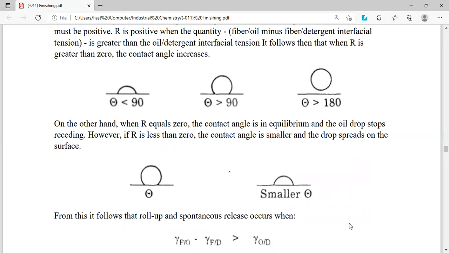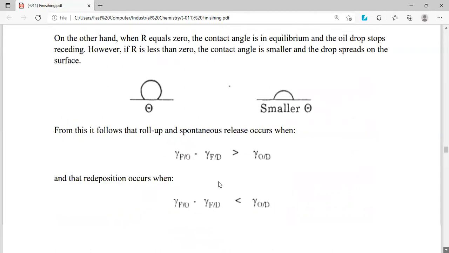From this, it follows that roll-up spontaneous release occurs when the interfacial tension between fiber and oil minus the interfacial tension between fiber and detergent is much greater than the interfacial tension between oil and detergent. And redeposition occurs when the interfacial tension between fiber and oil minus the interfacial tension between fiber and detergent is much lesser than the interfacial tension between oil and detergent.